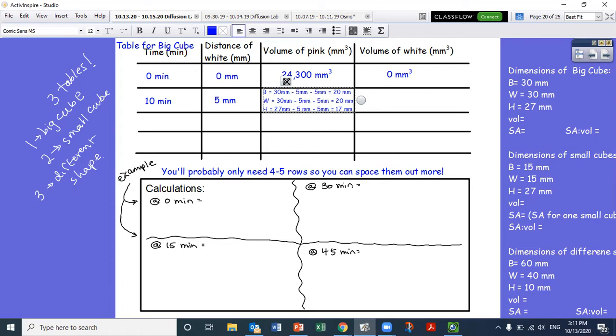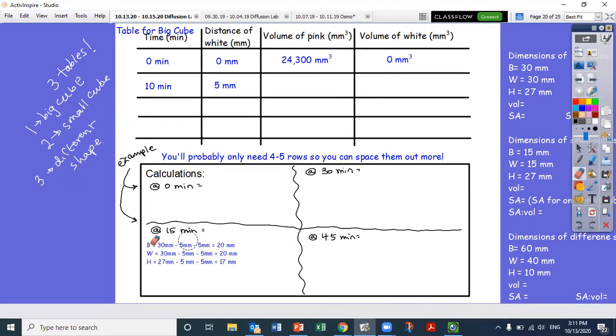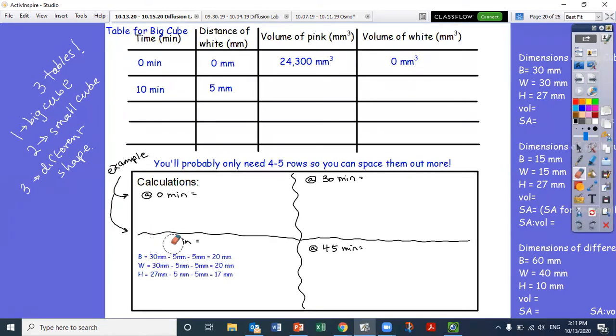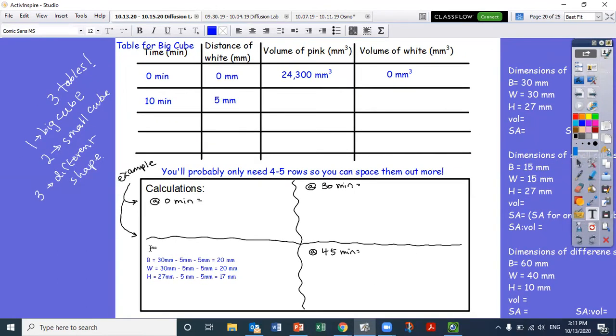Now this is what's going in your calculation space down here, okay? So you're going to take this material, and again, this is going to actually be at 10 minutes, right? And we're going to have our calculations for our volume.